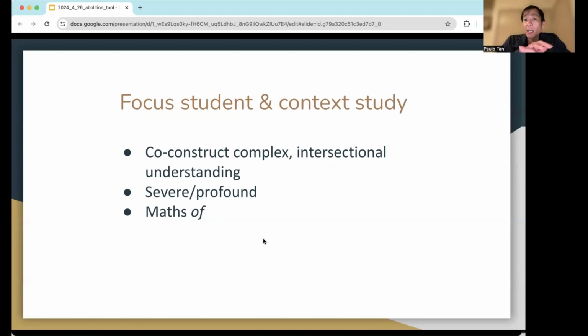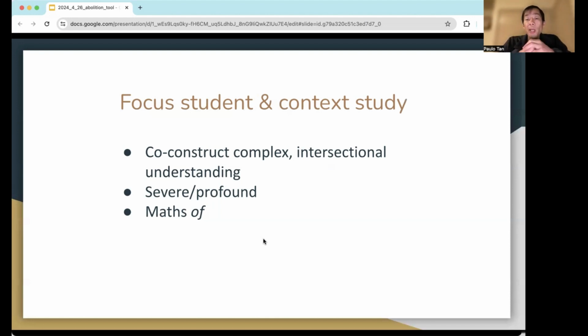So the focus and context study is really about having prospective teachers think about one student in their particular setting. In our program at this stage, prospective teachers are in classrooms. They're not teaching; they're really observing in most cases at this junction.